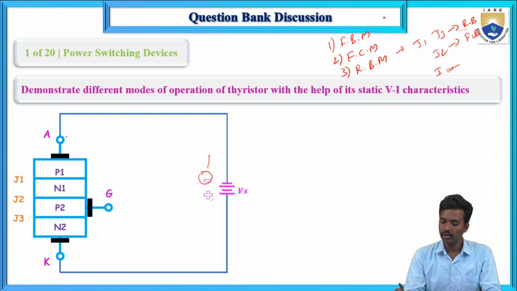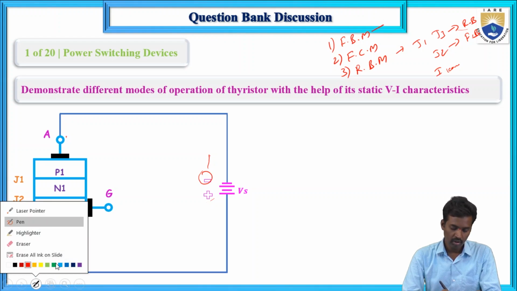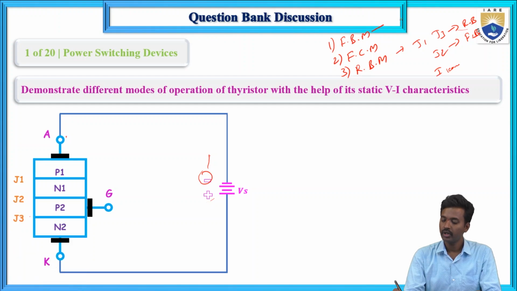Now the second mode. Let me change the color over here. When the positive terminal of the battery is connected to the anode and the negative terminal of the battery is connected to the cathode, J1 and J3 junctions are in forward bias and the J2 junction is in reverse bias. Here we are not giving gate current, Ig equals 0.